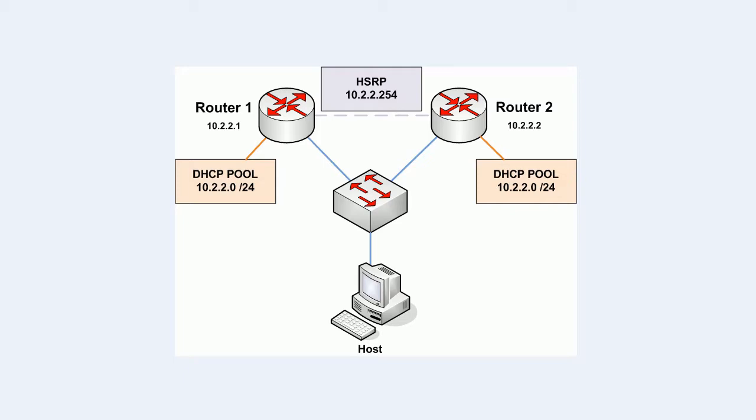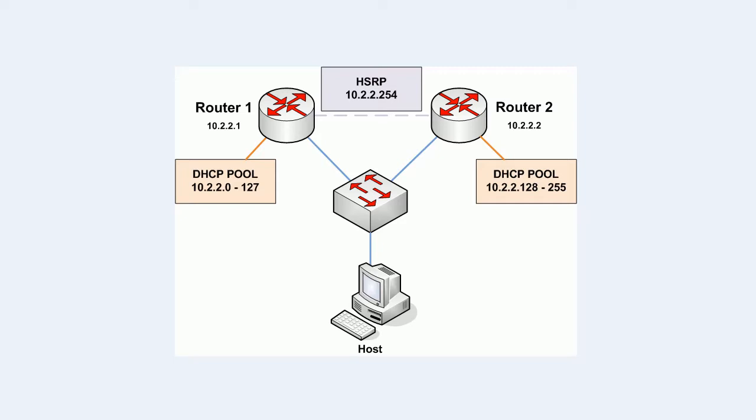So to get around that, what you can do is split the pools in 2 and make sure router 1 has a different pool to router 2. So if router 1 goes down, the host would still work, but IP addresses would be given out on a different range, or on a different pool, and therefore you wouldn't have IP address conflicts on your network when the routers are flipping between active and standby.